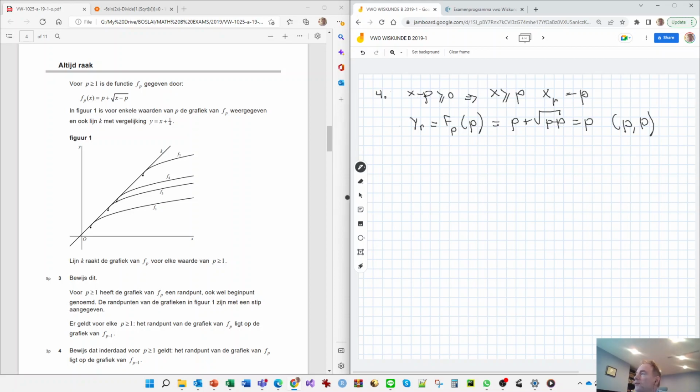And now we have to prove that this point is also on f(p minus 1). Well, so we have to prove or show that f(p minus 1) evaluated at p is equal to p.